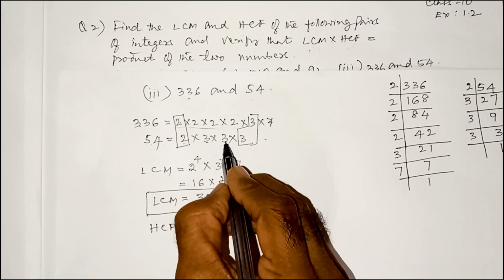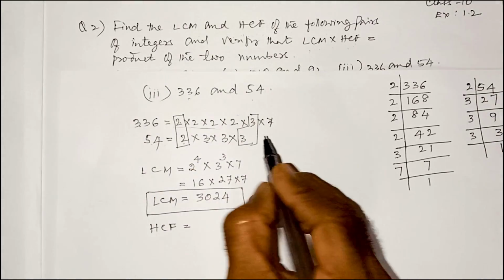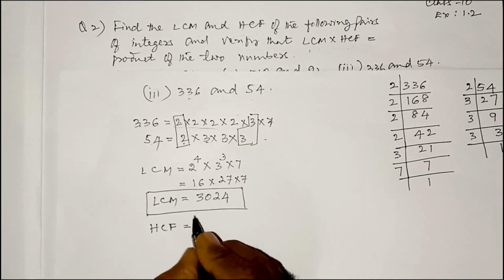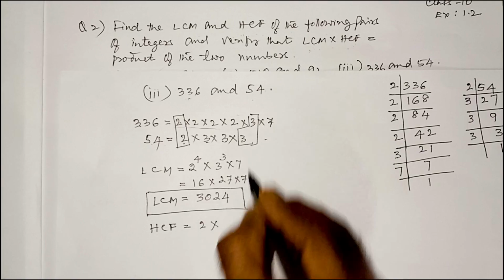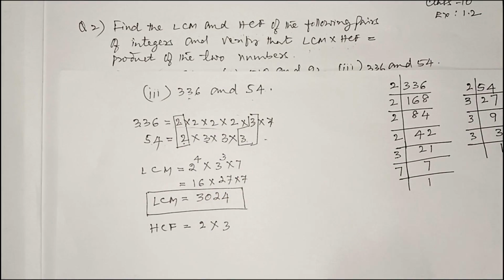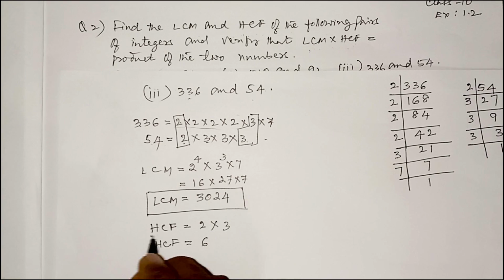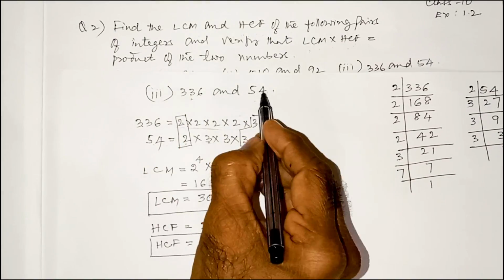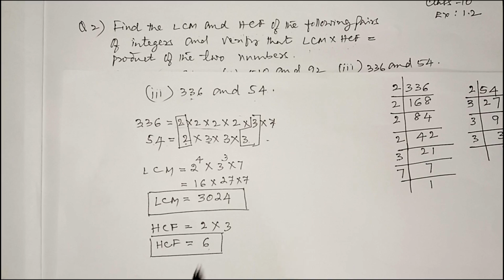Similarly, 3 square doesn't appear in the first line. Therefore, you need to omit it. So you need to write down 2 into 3. This is how you have to find out HCF. That is equal to 6. Therefore, HCF of these two numbers 336 and 54 is 6.